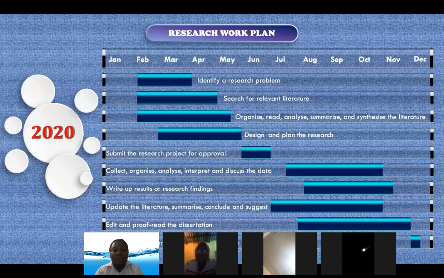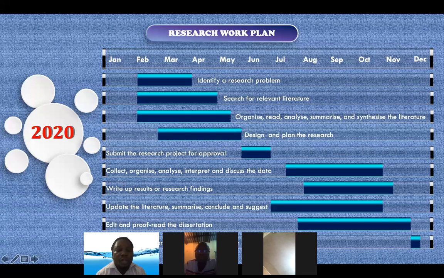And in this period that they identified the research problem, they started looking for literature. For example, they started looking for books, journal articles, research papers, dissertations that talk about their problem. So while they were working on identifying their problem, they were already collecting relevant literature to use in their research project.